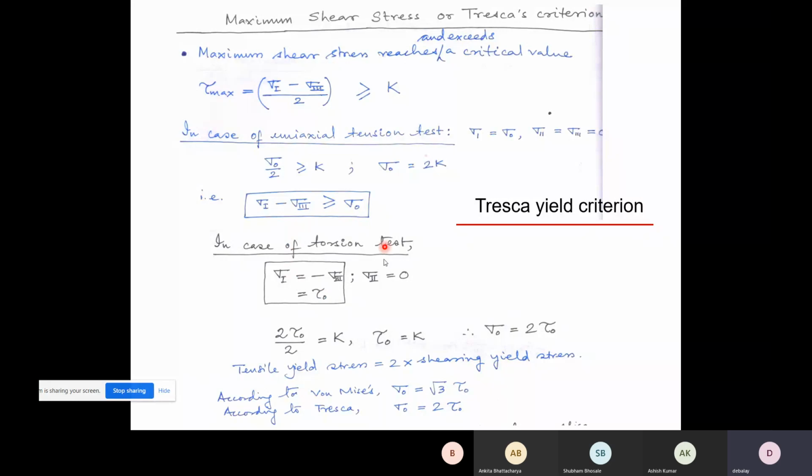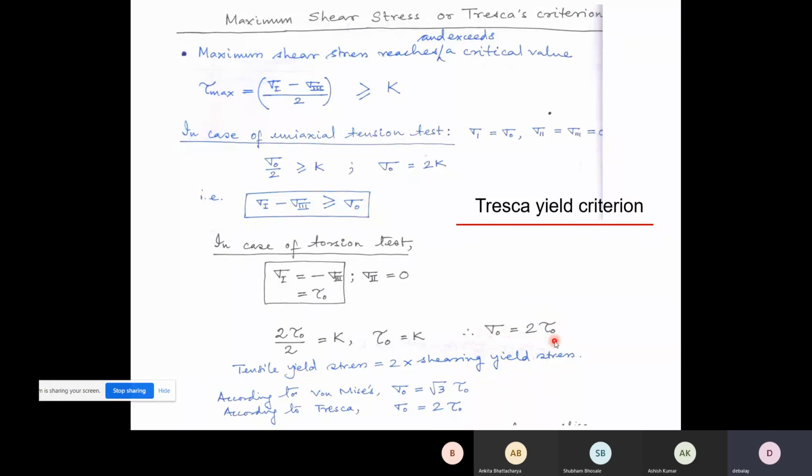So following Tresca's criteria, what is the relation? In place of sigma 1 we apply tau naught, and sigma 3 becomes minus tau naught. So 2 tau naught should be greater than or equal to sigma naught. The critical condition is the relation between shearing yield strength tau naught and tensile yield strength sigma naught: sigma naught equals 2 tau naught.